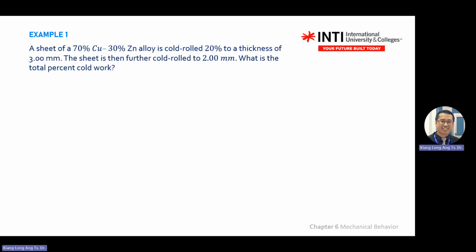What is the total percentage of cold work? This question came out in the final many times. It's part of the question in the final exam. Like in the final exam, we have parts A, B, C, and this is part of it. For your test 1, question 2, this is also part of the question.